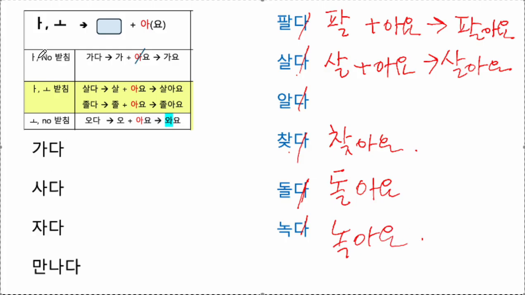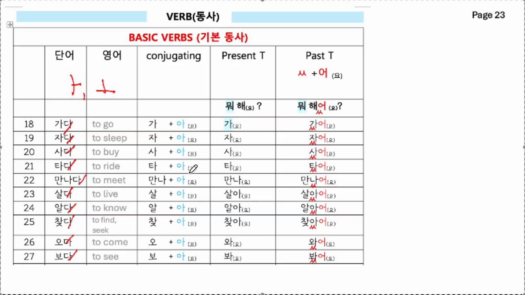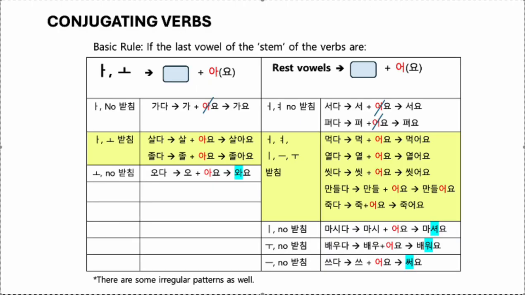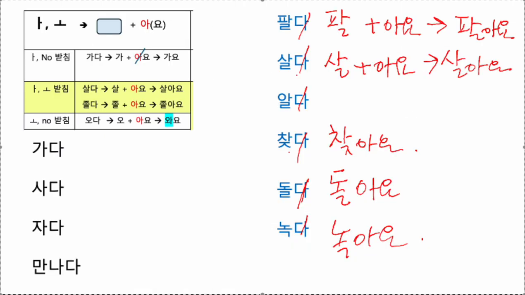So if it's 아 with no 받침, you just drop the 아 here. You first have to add 아요 to everything. And if it has a 받침, whether it's 아 or 오, nothing changes. There's no irregularity. You just add 아요. 살아요, 돌아요, 높아요.